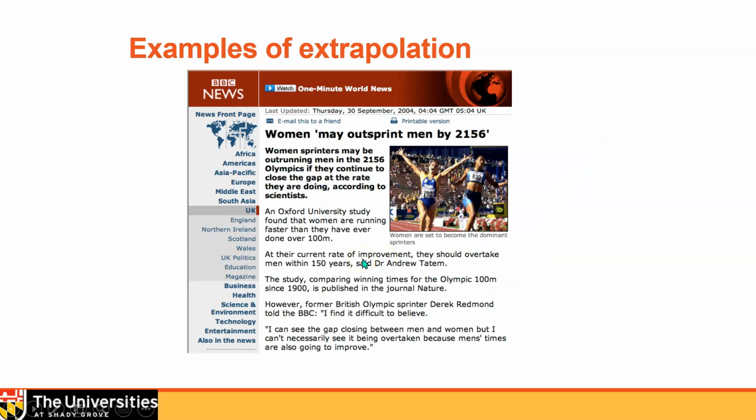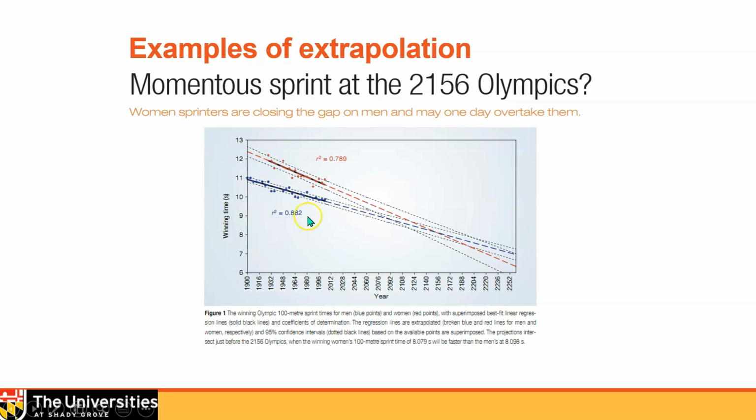And then there's an example of this with a news story. I'll let you Google this so that you can see it, but here's the extrapolation that they did from the year 2012. They just drew a straight line out, assuming that the same trend continues over the next 100 years, which is very unlikely to happen. As I said before, we don't know.